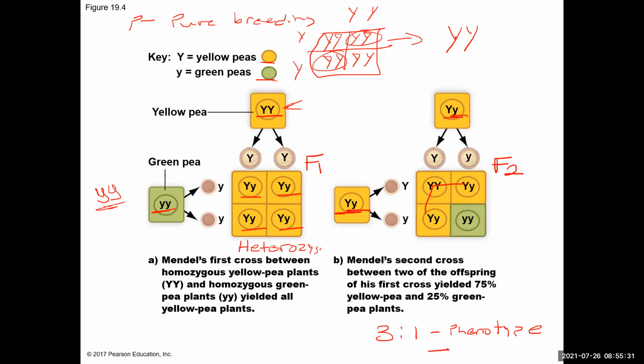But now for the genotype, you have a 1-to-2-to-1 ratio. So 1 genotype is homozygous dominant, 2 genotypes are heterozygous, and then the last one is homozygous recessive. This is always the case.